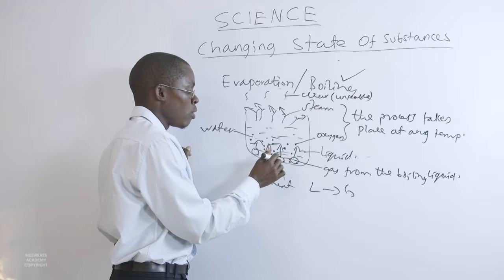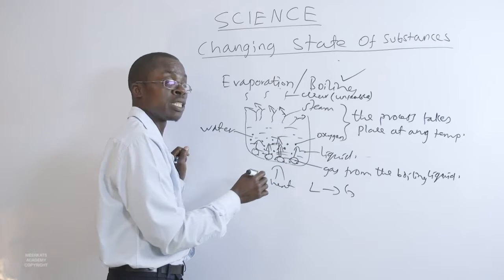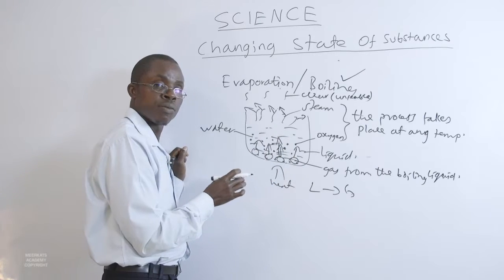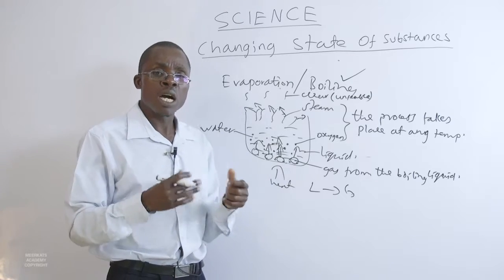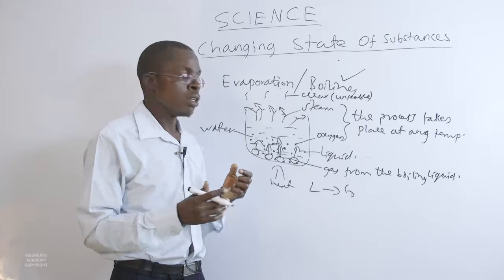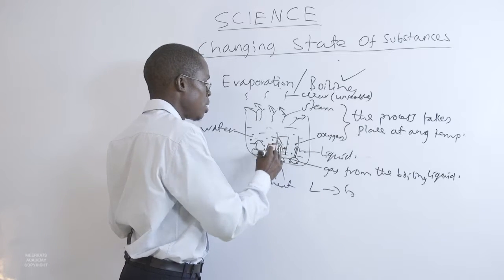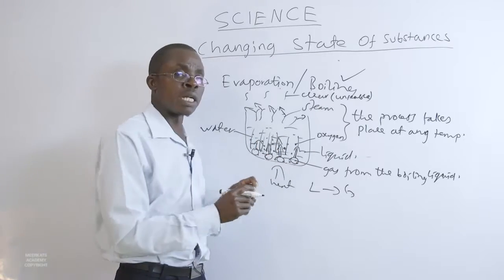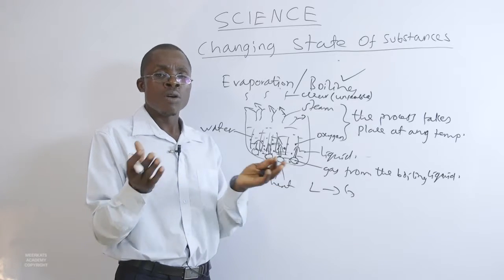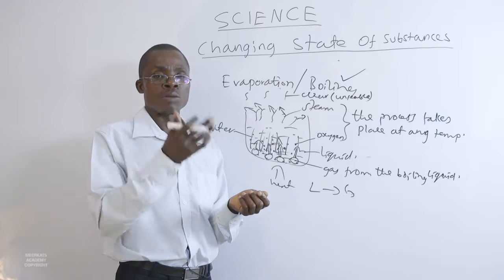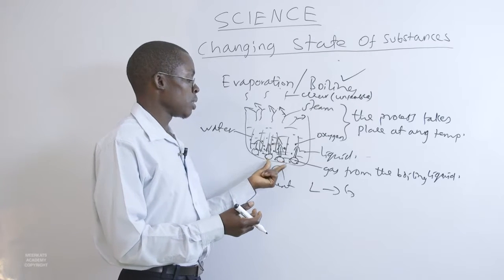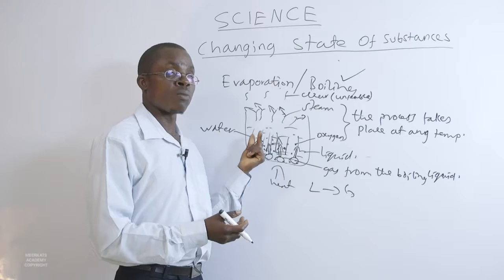Being a gas, it will obviously go up since it is less dense than water. But remember, it is not just one bubble. So many are being produced at the same time, at a faster rate. And that's what you see now, the water kind of jumping up and down. It's just the expulsion of the gas that has been formed.